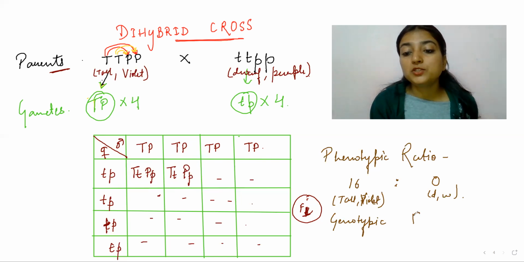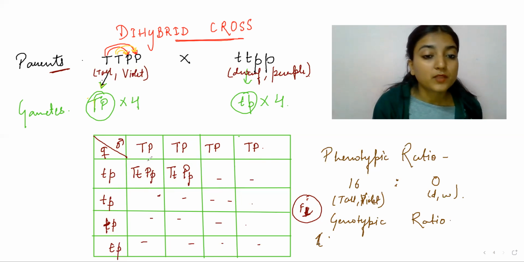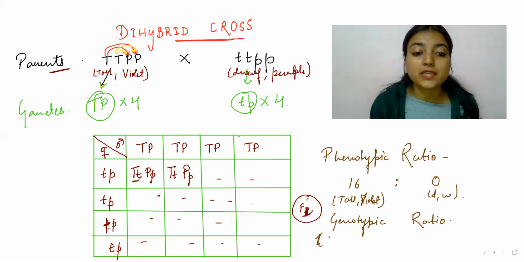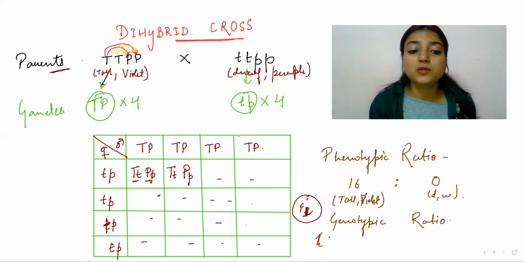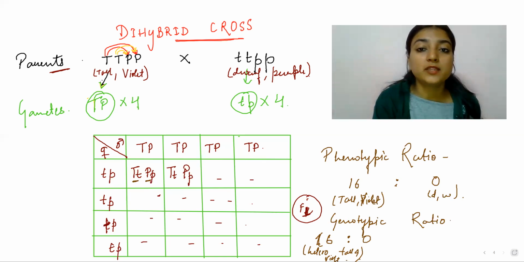The genotypic ratio here will be, again, the ratio. This is heterozygous tall and heterozygous purple. So again the ratio will be 16 to 0, where 16 is heterozygous tall and purple, I can say violet. Okay, whereas 0 is the other. Now we will just do the selfing thing.